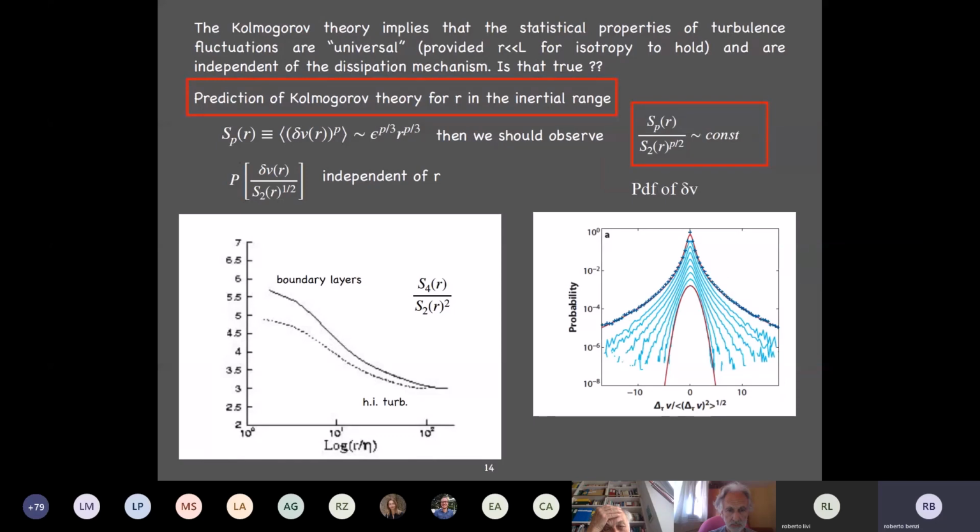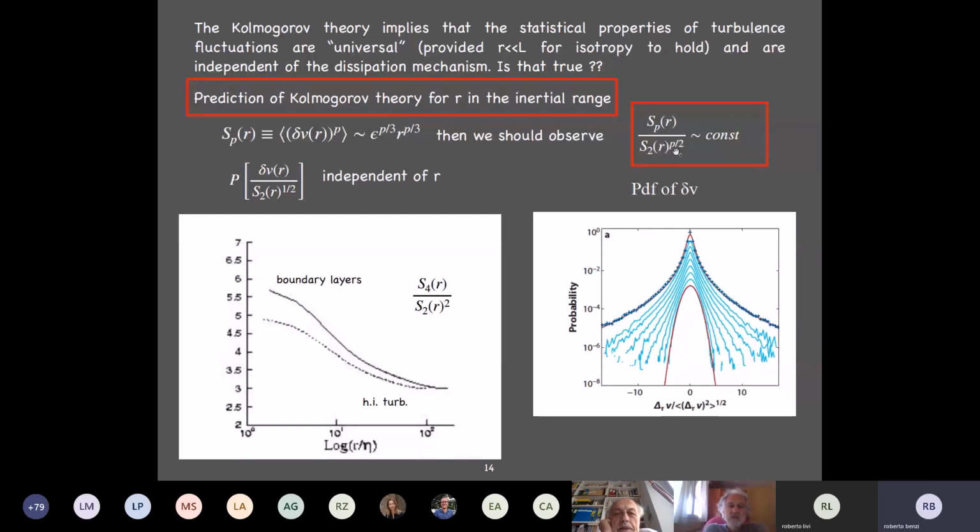If the conjecture by Kolmogorov is correct, then any moment of the velocity difference to the power p should go like r to the p over 3. And if you take the ratio of any of these moments with respect to S2 to the power p over 2, this ratio should be constant for any value of r.